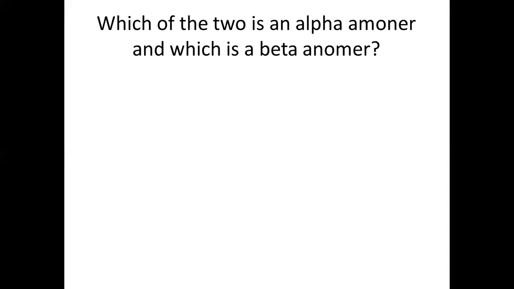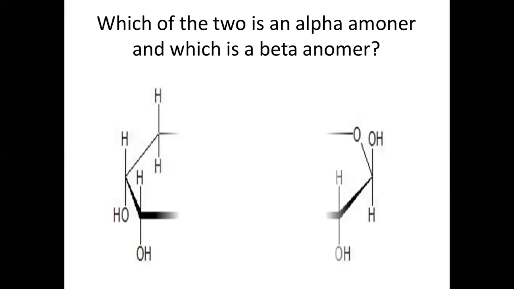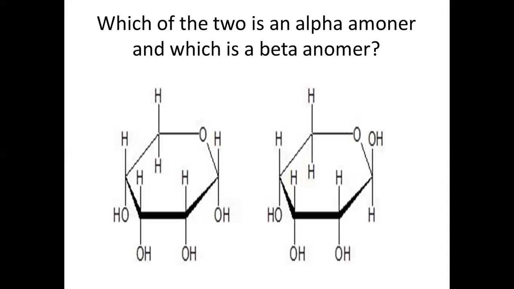Which of the two below is an alpha anomer, and which one is a beta anomer? You remember we looked at alpha and beta, right? Yes, sir. So from these two, which one is alpha?